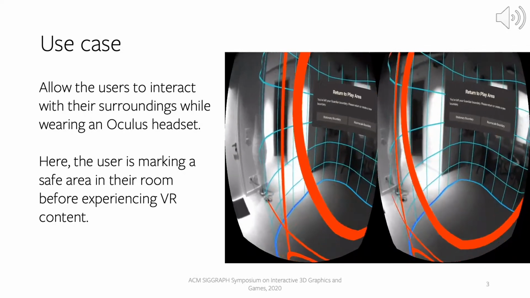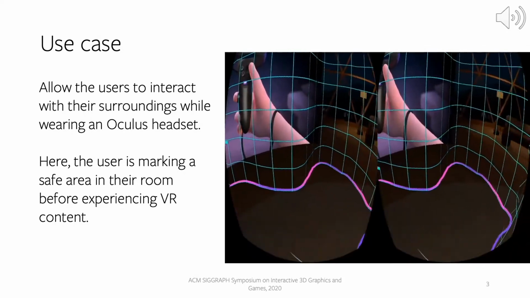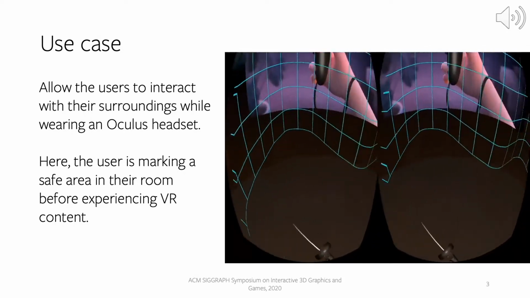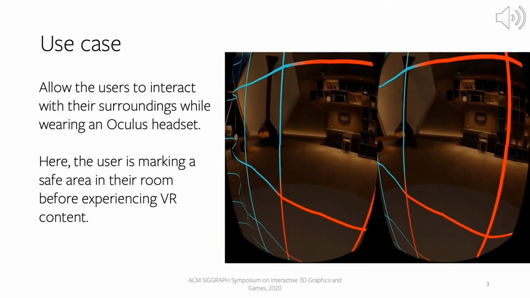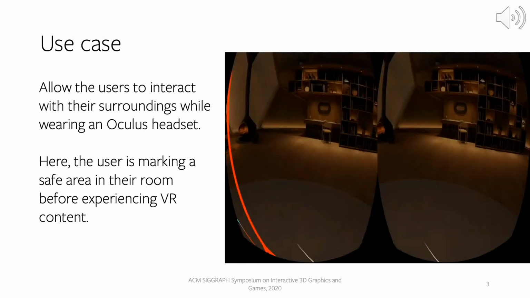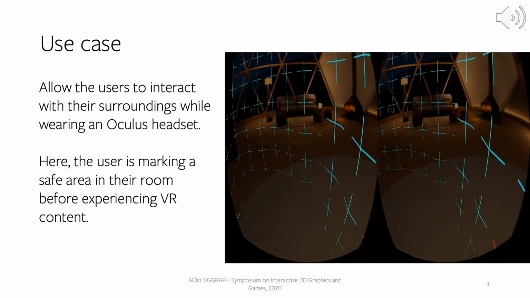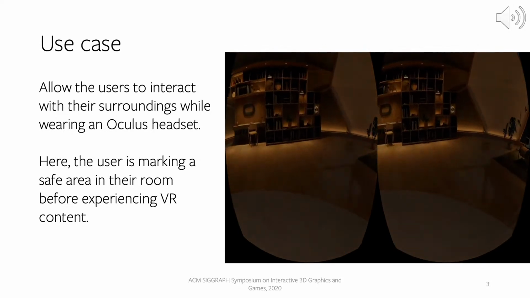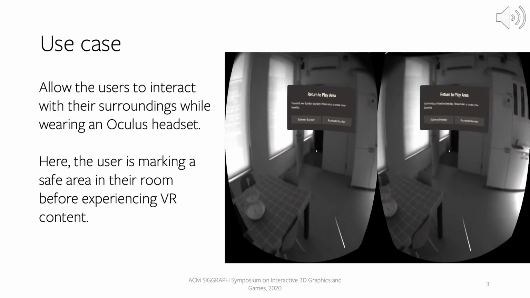After marking the safe region, users can go inside and experience VR content. As soon as they walk out of the safe region, they are transported back to their room. Our approach thus allows a user to see their real world while wearing a VR headset.